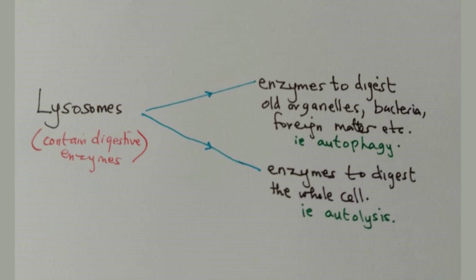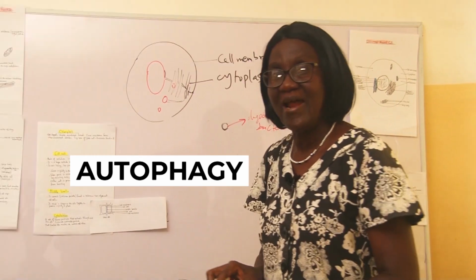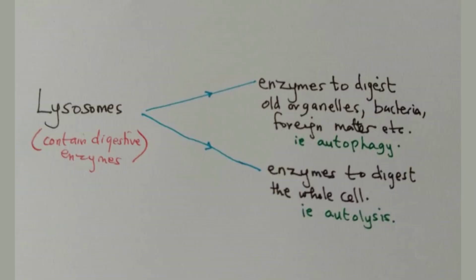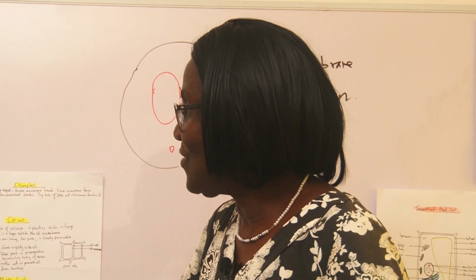One, it contains enzymes to digest old organelles, bacteria, and foreign matter. And that process is called autophagy. Then this lysosome also has enzymes to digest the whole cell. The whole cell will be digested. And that is autolysis.